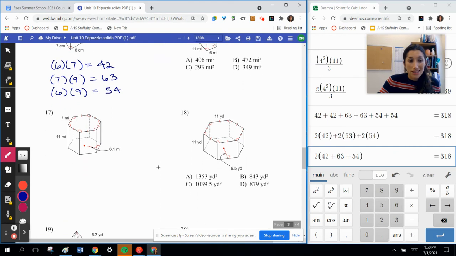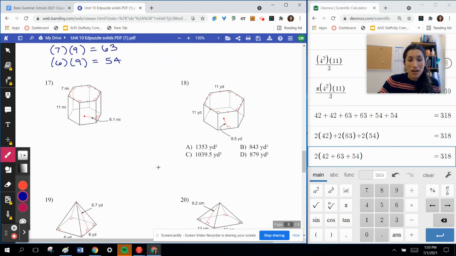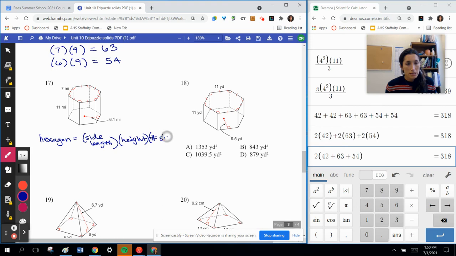On question 17, we are going to need to find the area of the bottom piece. That is a hexagon, and then we're going to need to find the area of all of the rectangles. So let's first do the hexagon area. Remember, hexagon is equal to the side length multiplied by the height of the hexagon multiplied by the number of sides divided by 2.